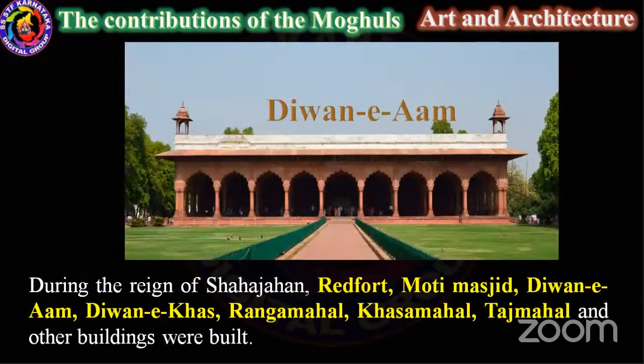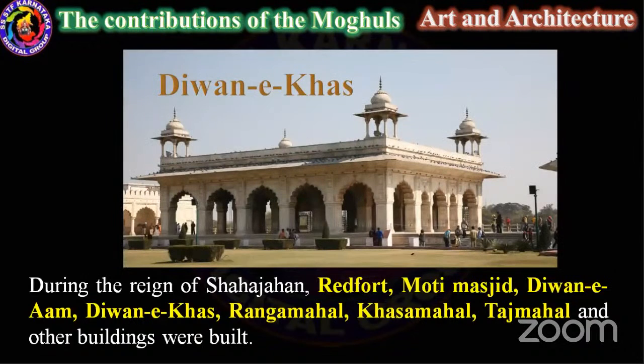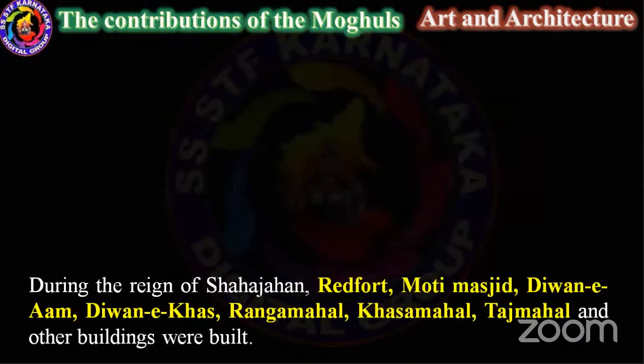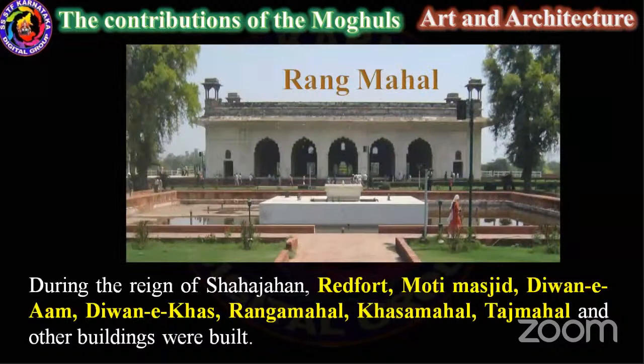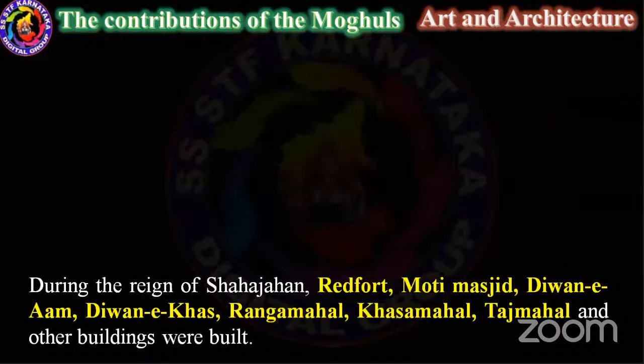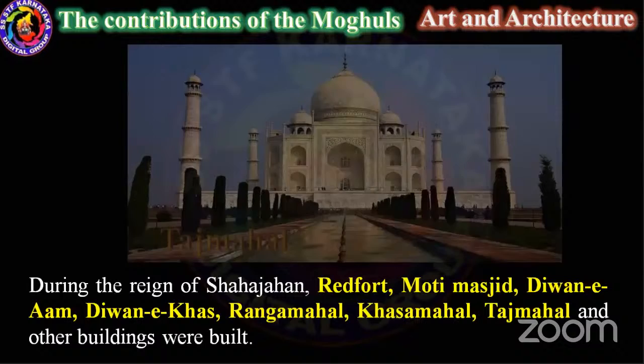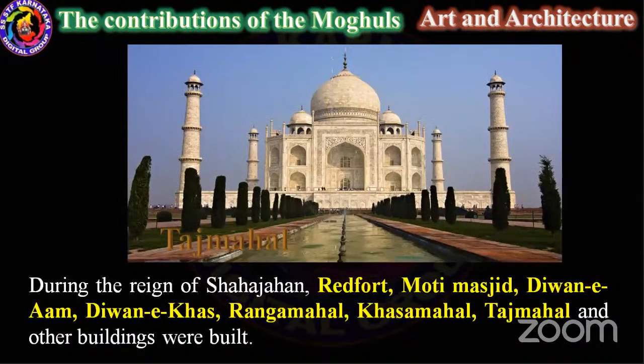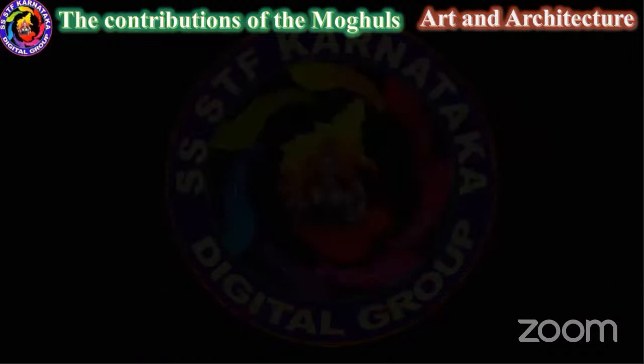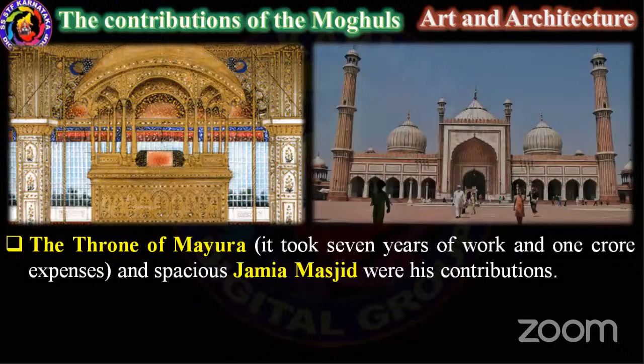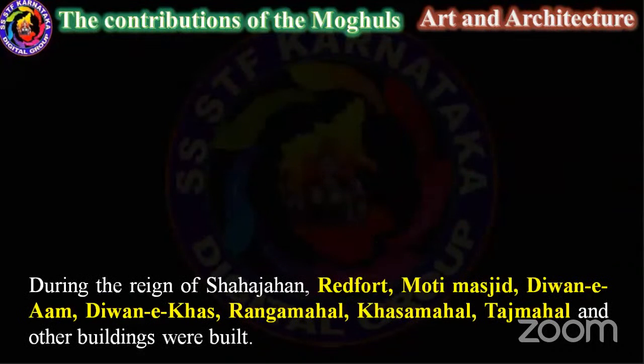And Diwan-e-Khas, Rang Mahal, Taj Mahal, these are all the buildings which were built in the period of Shah Jahan.